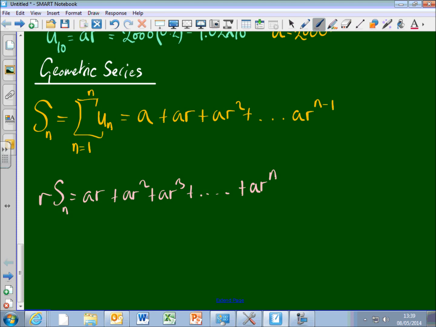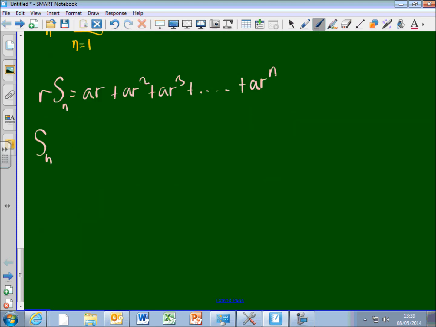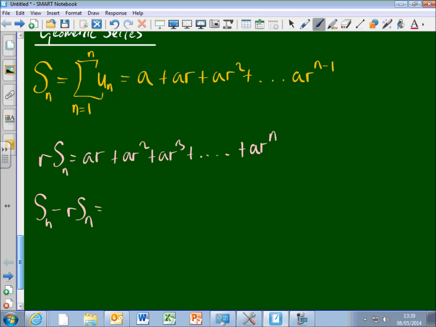Okay. And then the next trick is, I take the first one, which was s sub n, and I take away this second sequence that I wrote down. And what's going to happen if I start with this first one and I take away the second one? I get a plus ar, all of that, and I take away the second one.